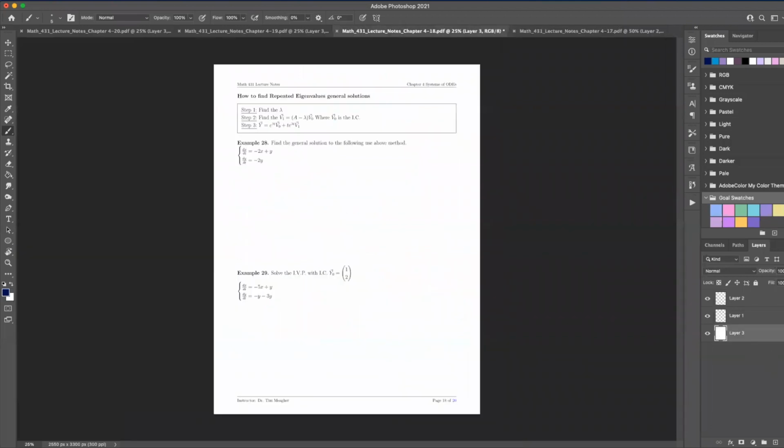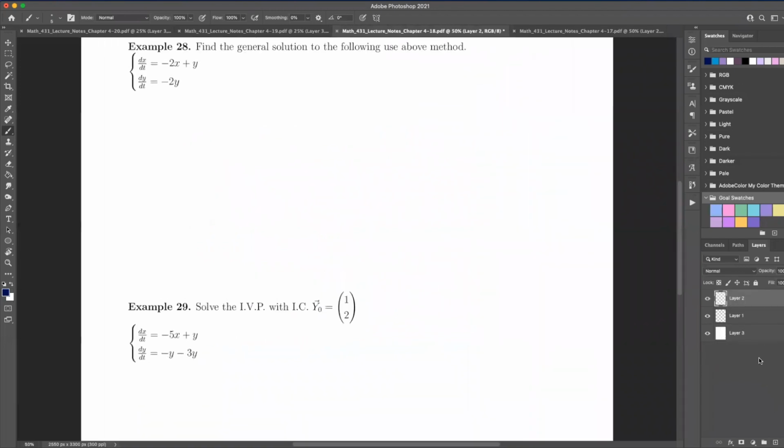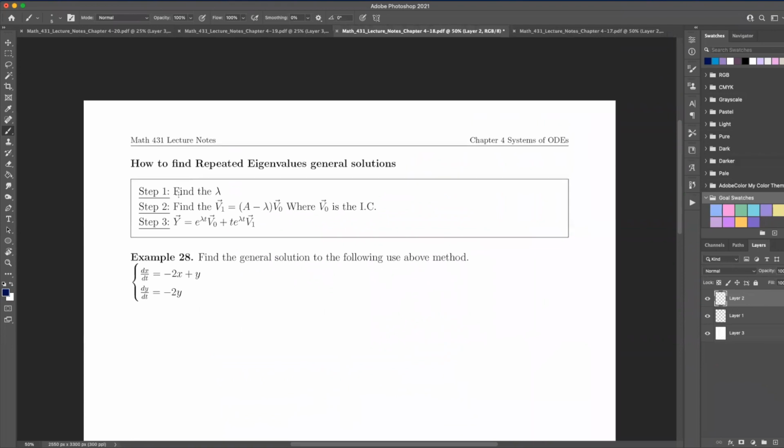All right. So in general, how to find repeated eigenvalue general solutions. In fact, these are not only the general solution, but also the particular solutions at the same time, right? Because the second you know the initial conditions, you can literally just plug it in.